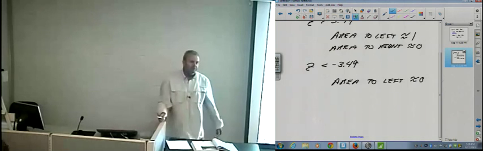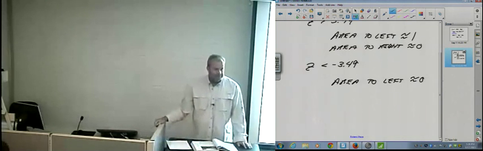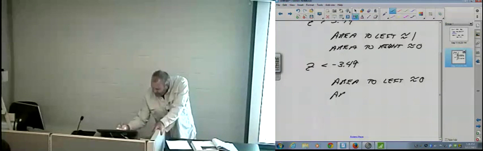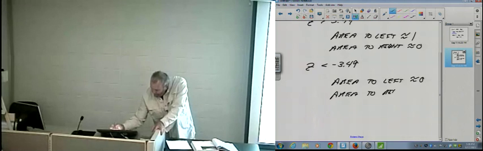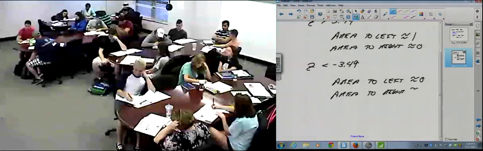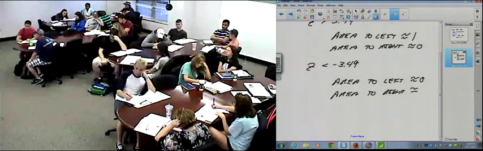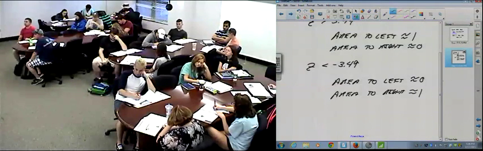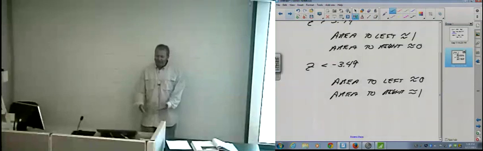Exactly 0? No. 0 to 4 decimal places? Yeah. And that means the area to the right is approximately 1.